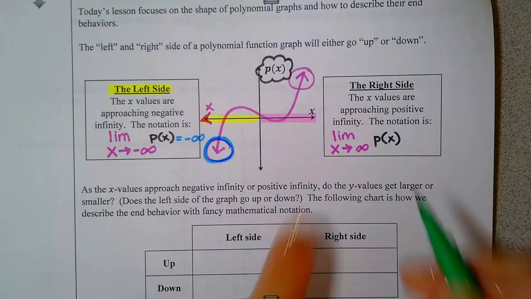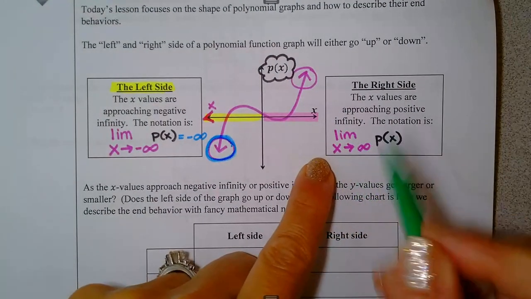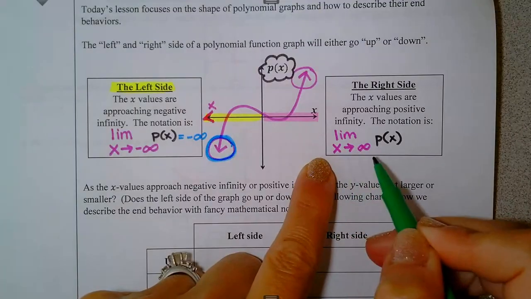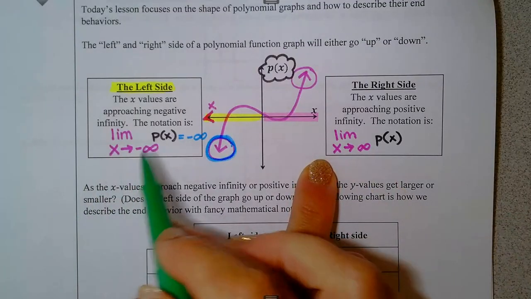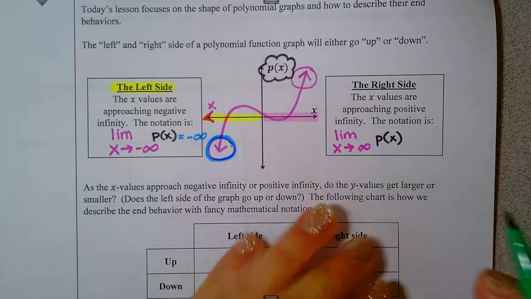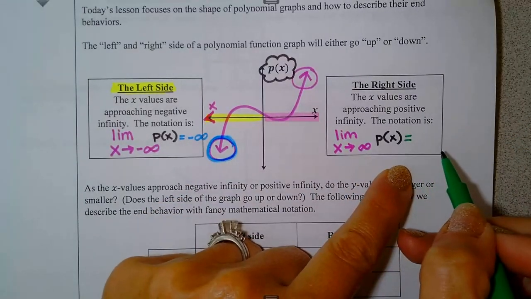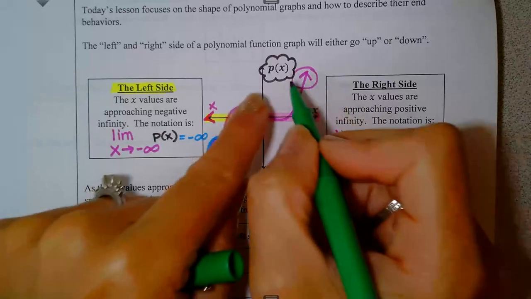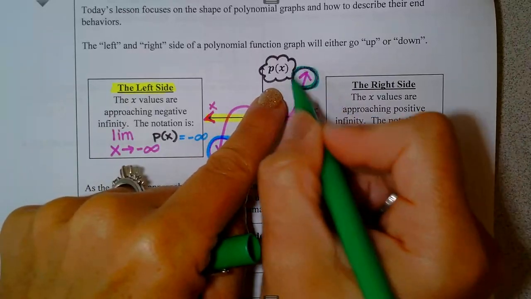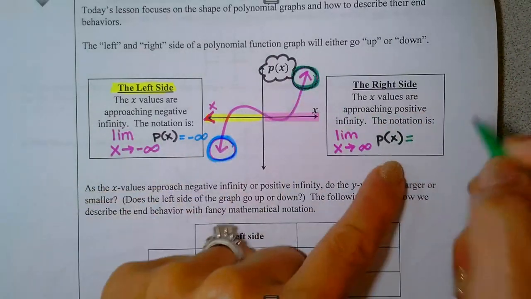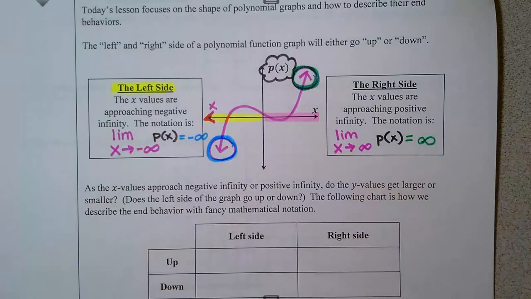So this really doesn't change. LIM, x to infinity, LIM, x to negative infinity, and then the name of the graph. Those don't change. What changes is what you put as the answer. And how you find that answer is you look at the graph of what's happening. And this one is going up to infinity.